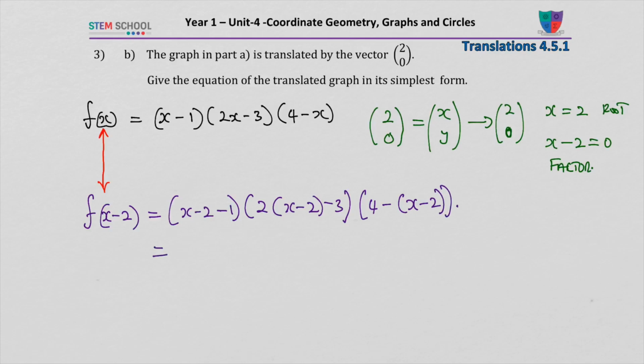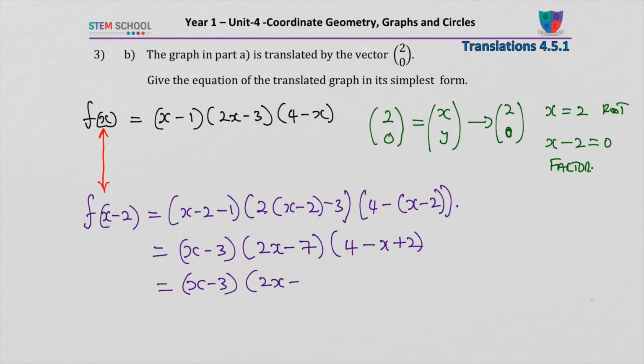So what we need to do here is, x minus 3. 2 times x is 2x, 2 times minus 2 is minus 4, and minus 4 and minus 3 is minus 7. 4 minus x plus 2, and now to simplify further, x minus 3, 2x minus 7, so that is 6 minus x.